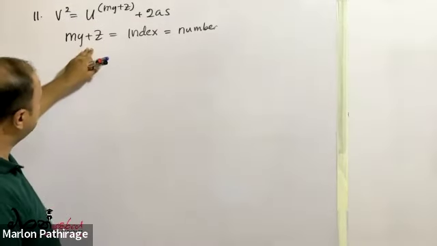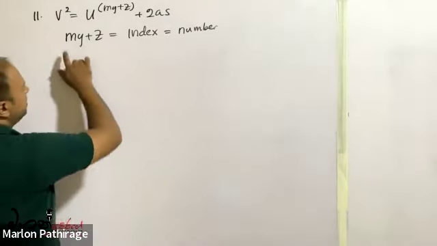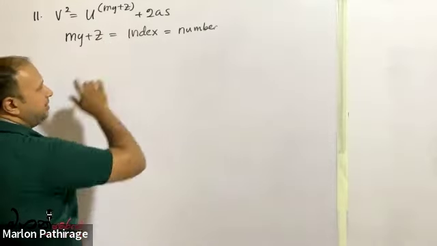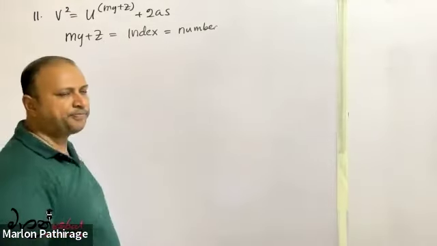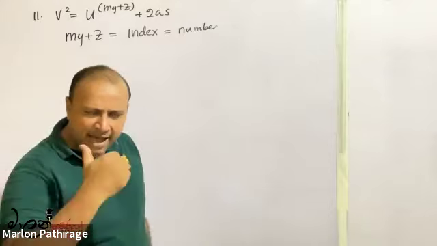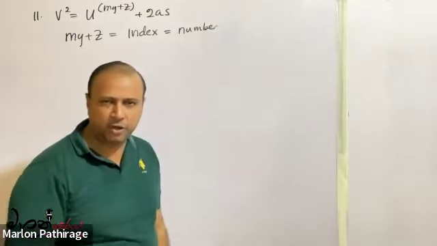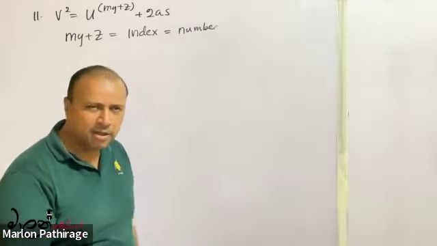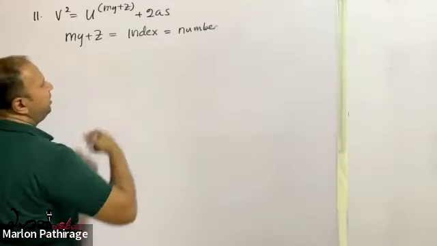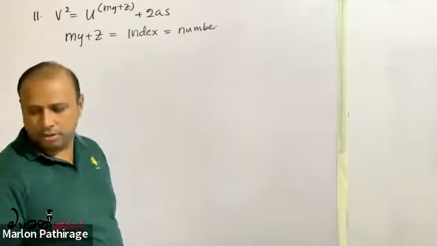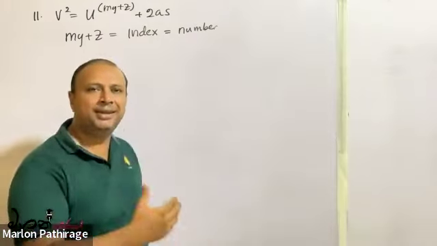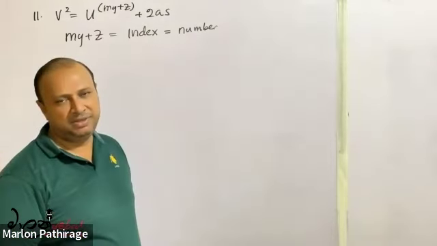This is an index, therefore I have written my plus z is an index. Index is a number. Then I can use the second argument. What is the second argument? All the terms in an equation should have same dimension.